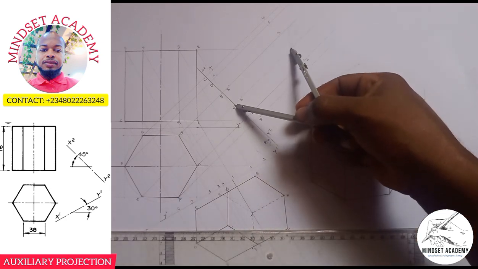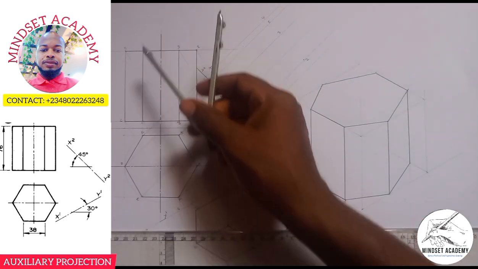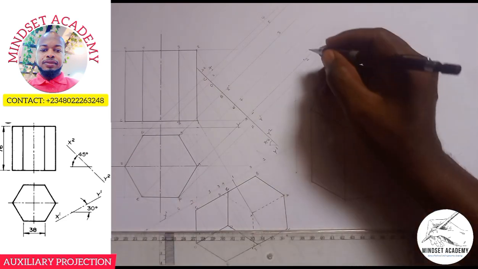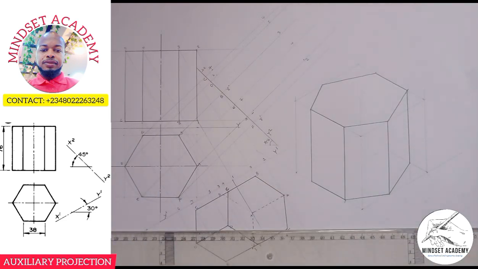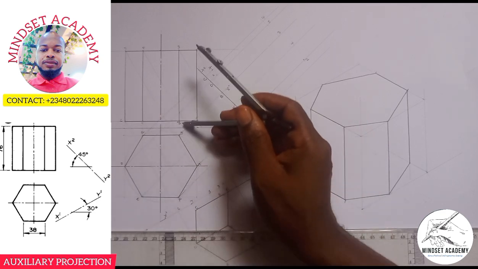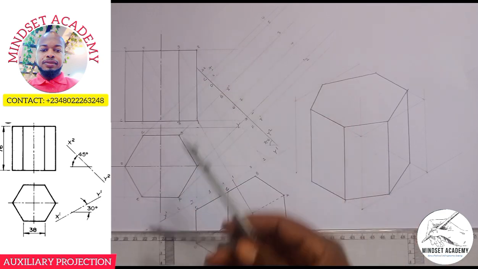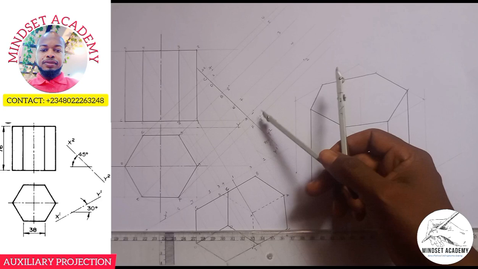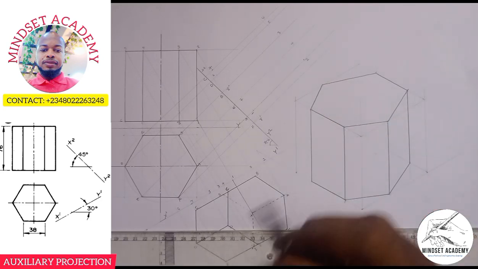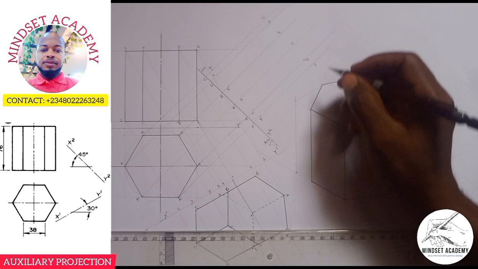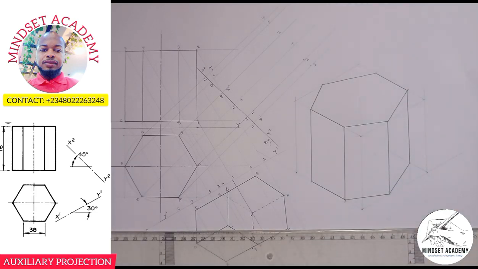E will give us point 4. Then F will still give us point 3. This F here, we're having point 3. And what else do we have? So everything is joined together.